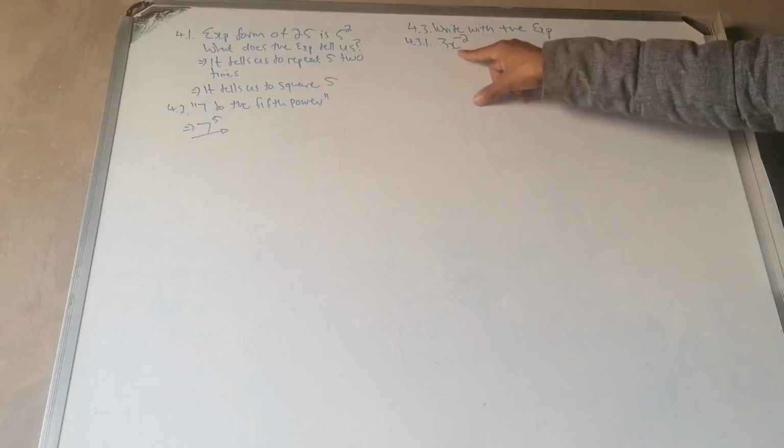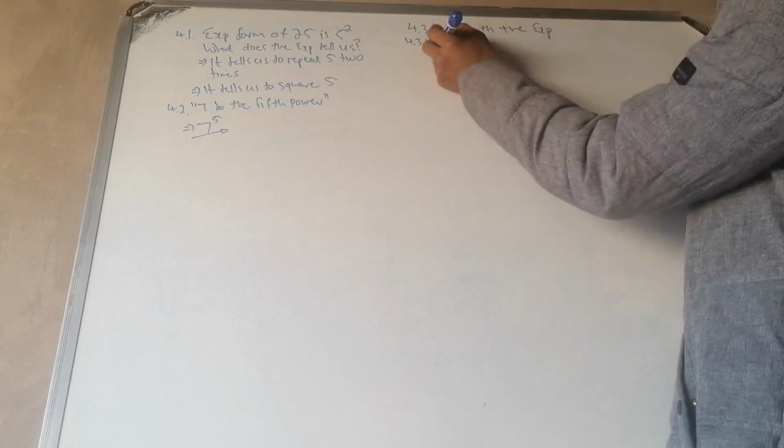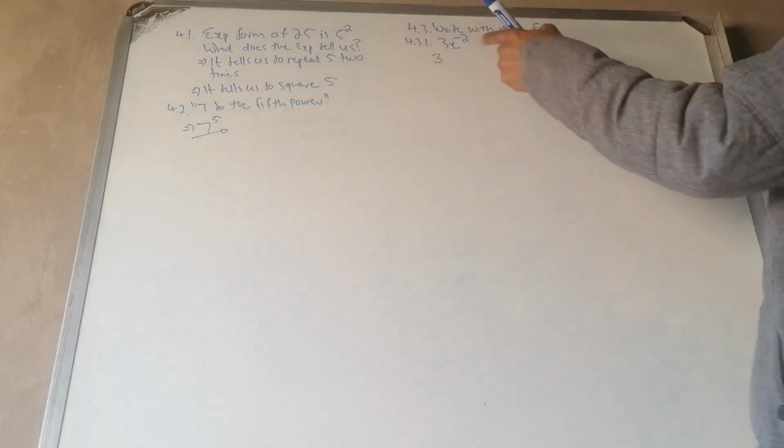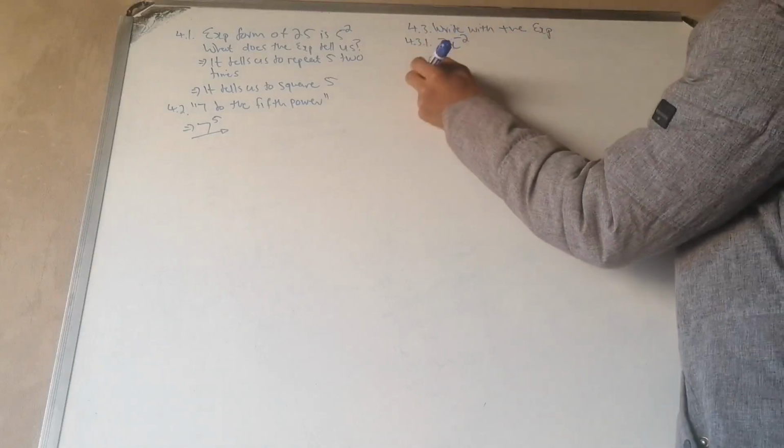If I want to write this with a positive exponent, the exponent becomes positive, so we write 3 over x squared.